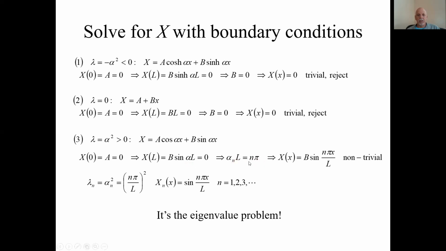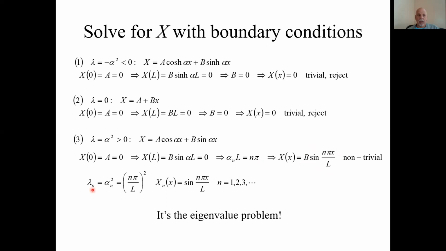So our alpha n's are n pi over L. Our surviving function was sine of alpha x, so it's going to be sine of n pi x over L. And I'm going to get this for all positive integer n's.